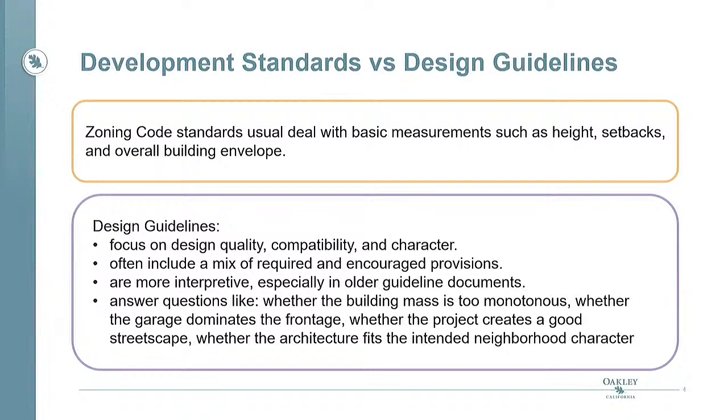They often include a mix of required and encouraged provisions. They're more interpretive, especially in older guideline documents, and they answer questions like whether the building mass is too monotonous, whether the garage dominates the frontage, and whether the project creates a good streetscape. Finally, whether the architecture fits the intended neighborhood character.